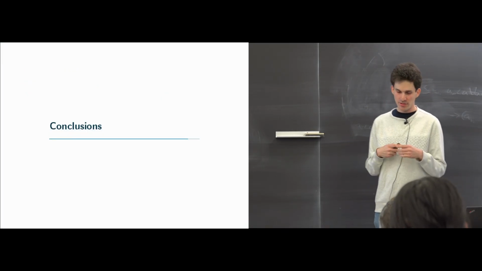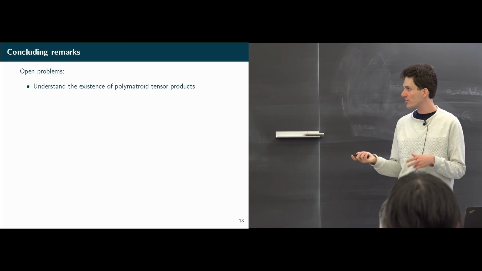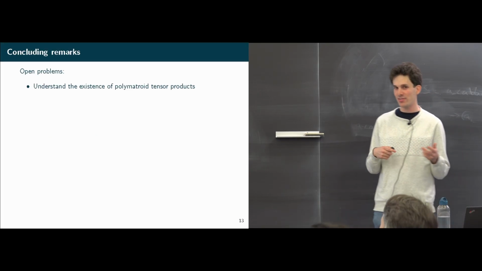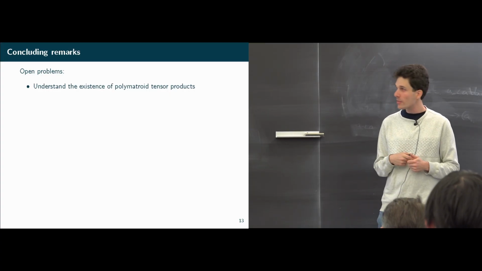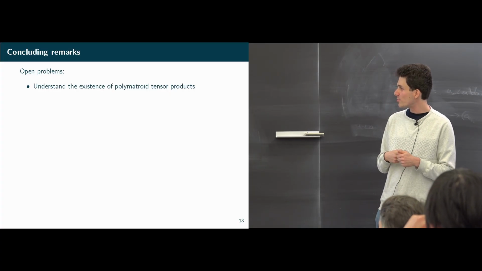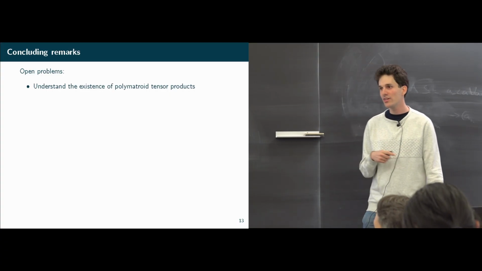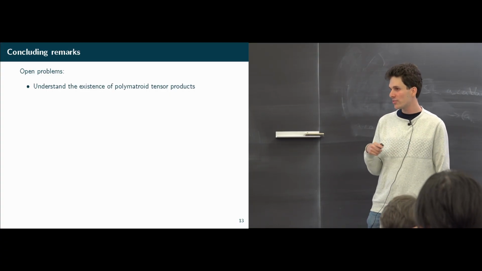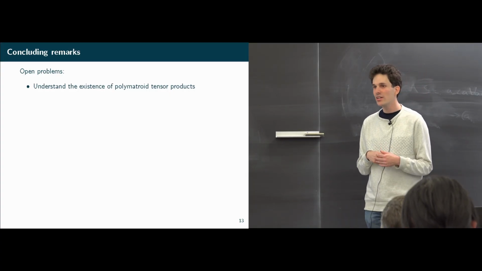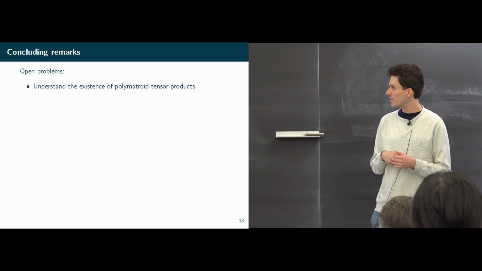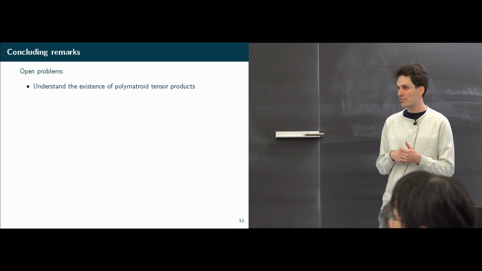Yes, so to conclude, I will mention some open problems and finally some motivation why we started this at all. So an open problem is that in the main result with the U2,3s, we use matroid tensor products, but for these linear rank inequalities, we only use this polymatroid tensor product, so not necessarily integer valued.